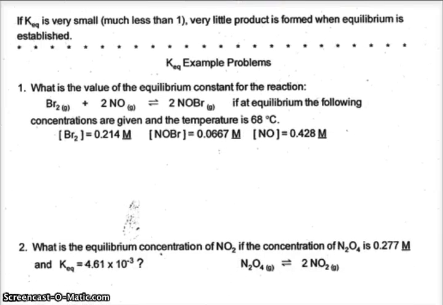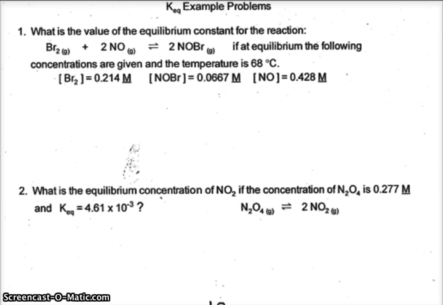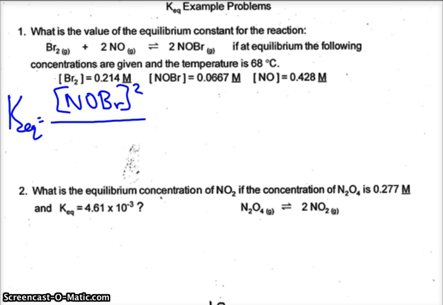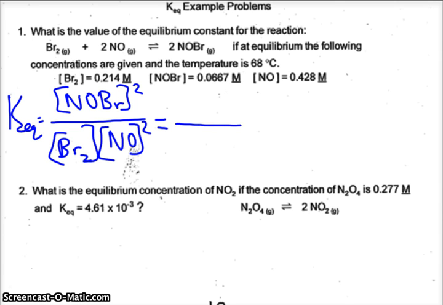We got a couple example problems down here. What is the value of the equilibrium constant for this if, and we have concentrations. So we need to first write our KEQ expression. KEQ is equal to products over reactants, so concentration of NOBr squared over concentration of Br2 times concentration of NO squared. And in this case, I have values, so I just plug in my values.